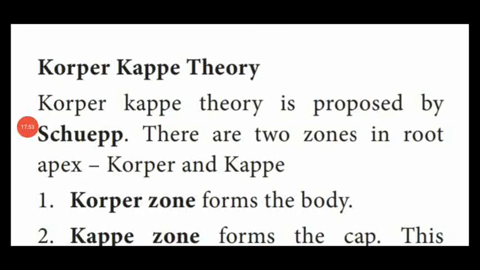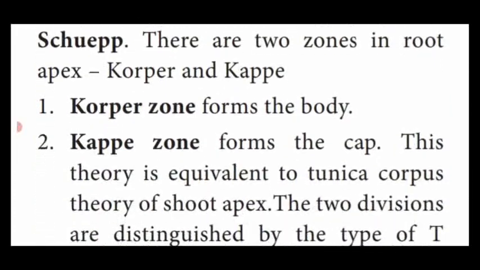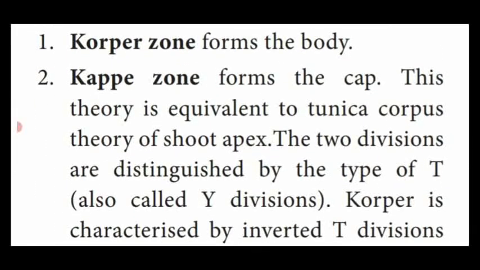Next one, the Korper-Kappe theory, proposed by Schuepp. According to Schuepp, it consists of 2 zones, the outer Korper and the inner Kappe. The Korper zone forms the body of the plant. The Kappe zone forms the cap. So the cap is the outermost layer, isn't it? So it forms the root cap region. The Korper zone forms the body, that means cortex and stelar region. This theory is equivalent to the tunica corpus theory of the shoot apex.